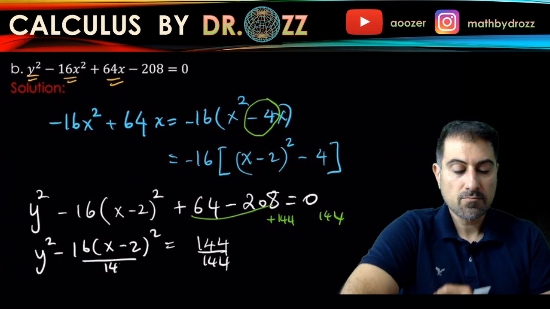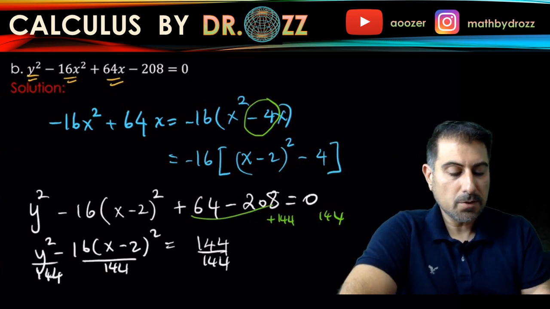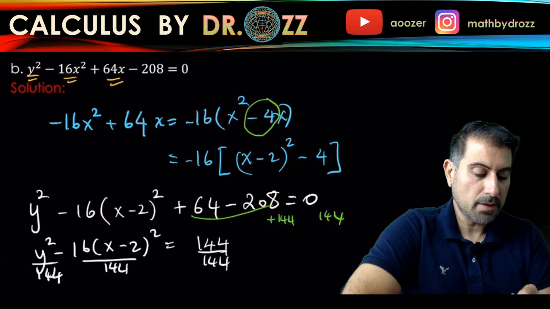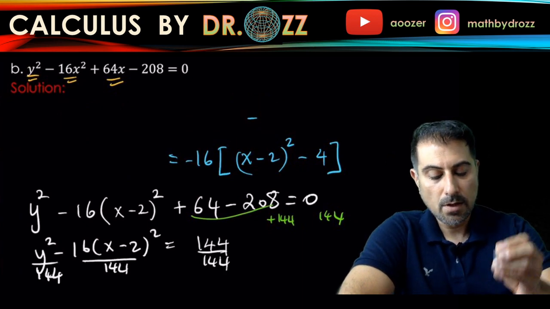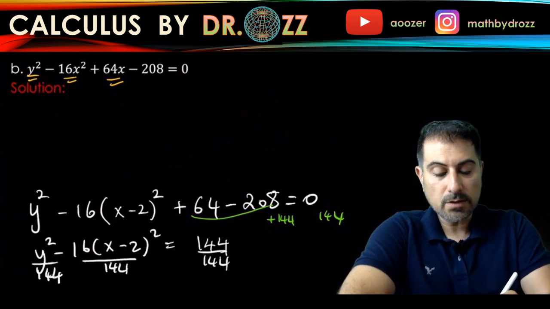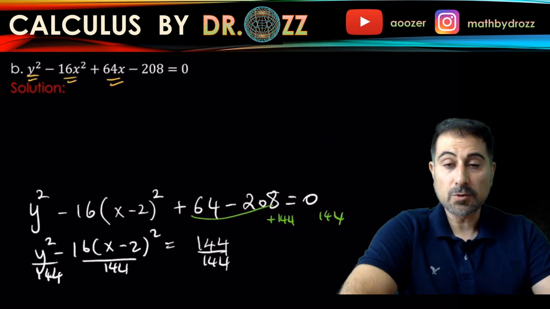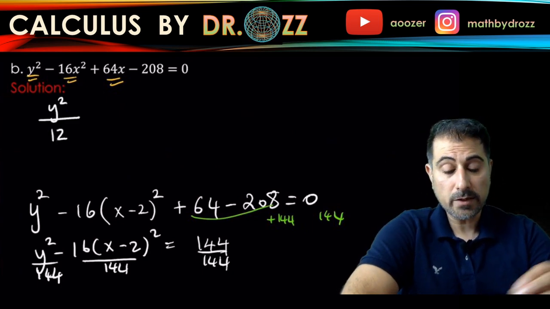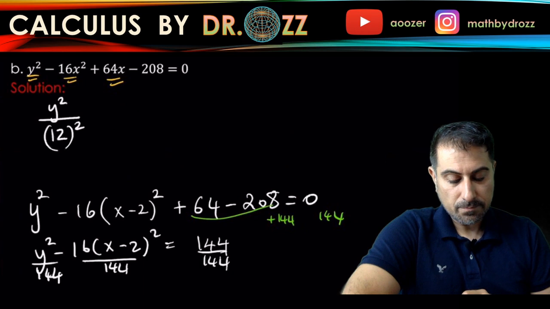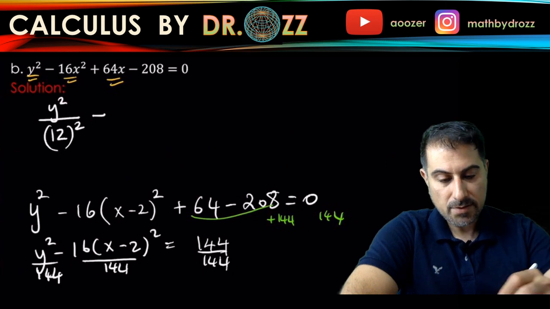All right. Since we're done with completing the square, I can just continue from here. I have y squared divided by 12 squared, because 144 is 12 squared, minus, and I think we can simplify this.